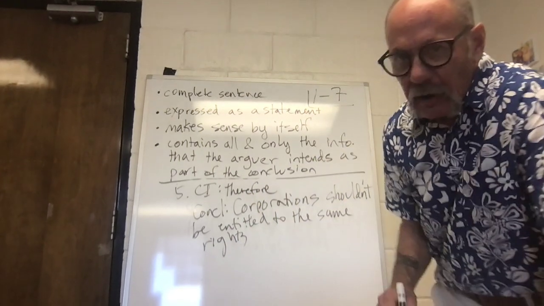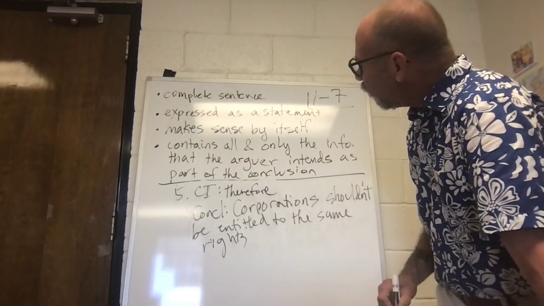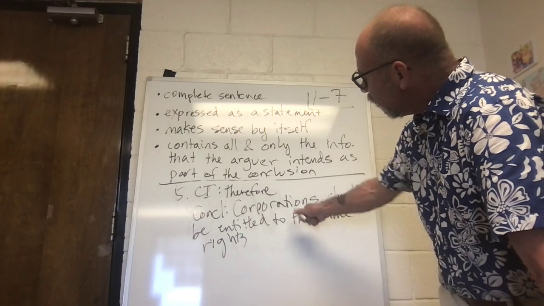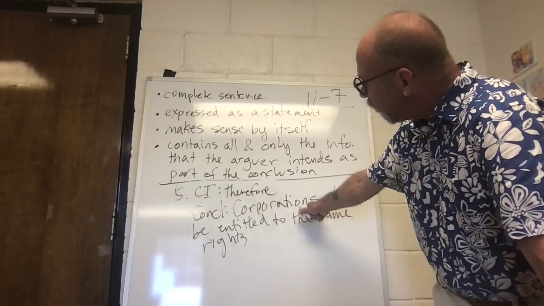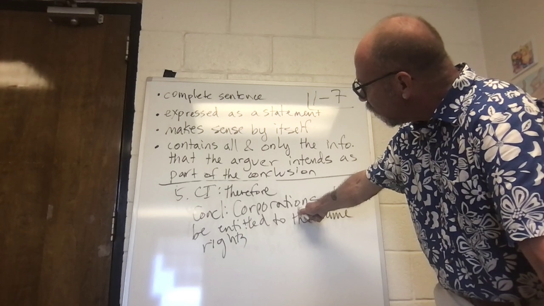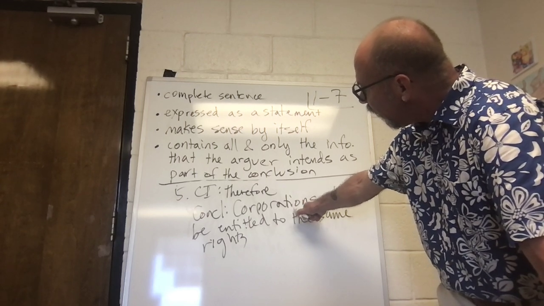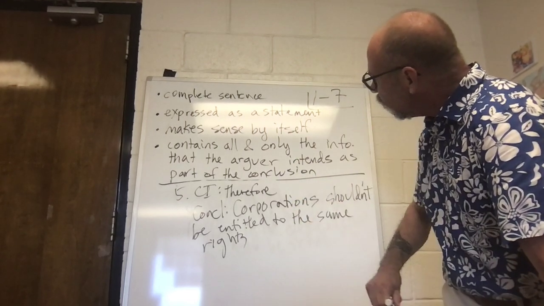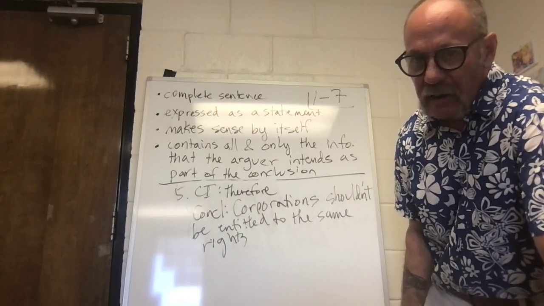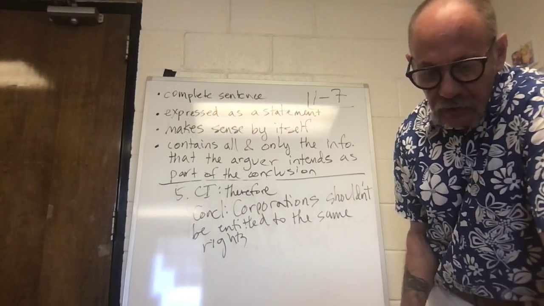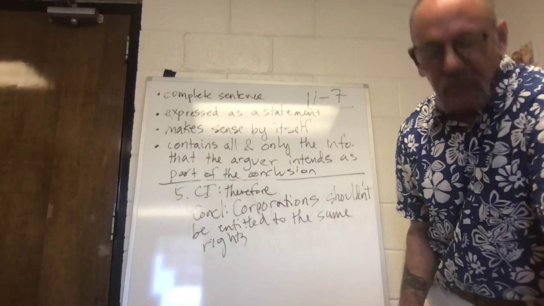Now let me notice a couple of things about writing this conclusion accurately by itself. First off, right after therefore was the word they, but I had to replace the pronoun they with the noun corporations to which they referred, so this would make sense by itself. And what I've written so far is not entirely correct. Corporations shouldn't be entitled to the same rights.